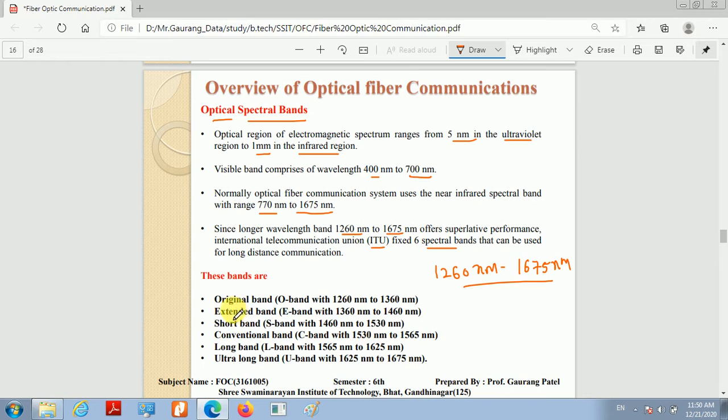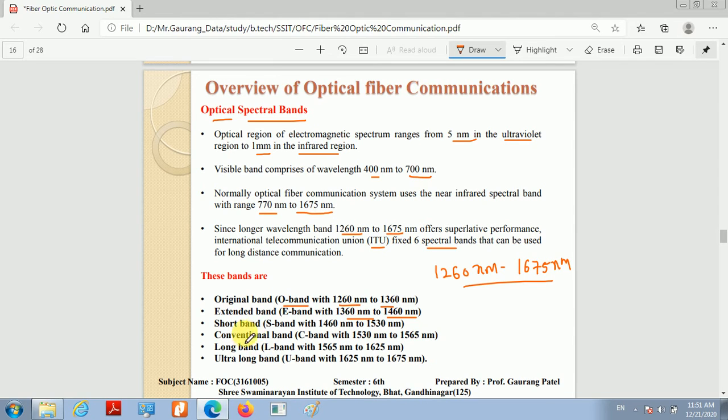The first band is the original band, known as the O band, and its wavelength range is from 1260 nanometer to 1360 nanometer. The second band is the extended band, with wavelength from 1360 nanometer to 1460 nanometer.